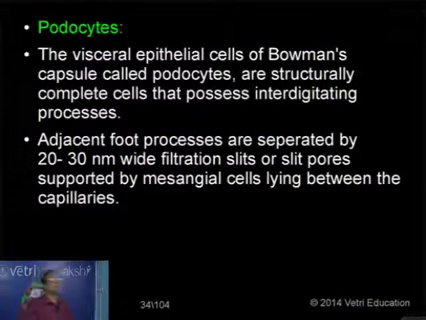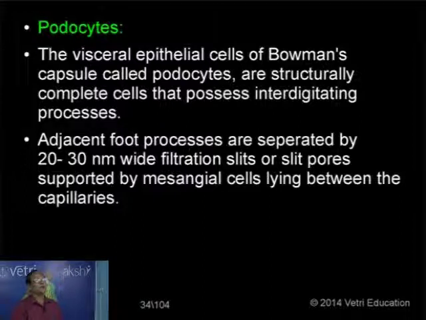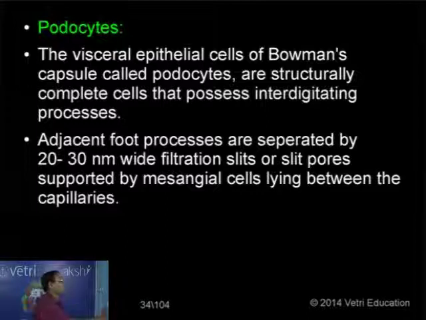The visceral epithelial cells, the second layer, the innermost layer of the Bowman's capsule, are called the podocytes. These are structurally complete cells that possess, as I mentioned, interdigitating processes. Many foot processes are formed, and between the adjacent processes we have small slit openings having a dimension of 20 to 30 nanometer.